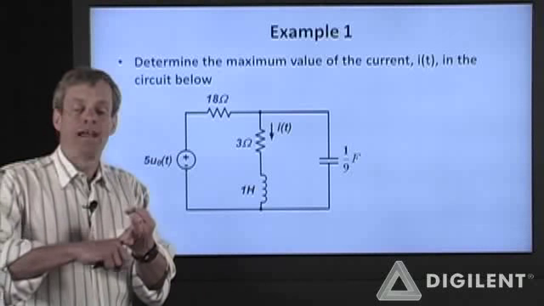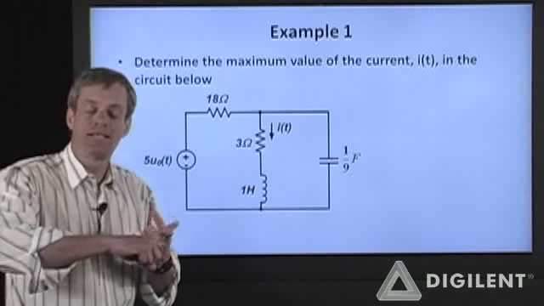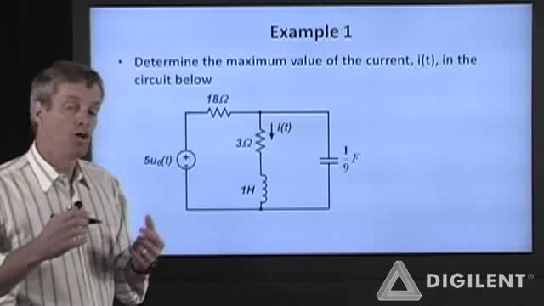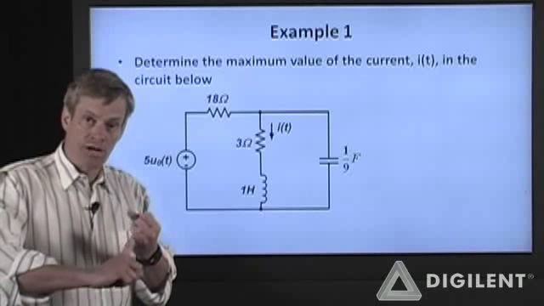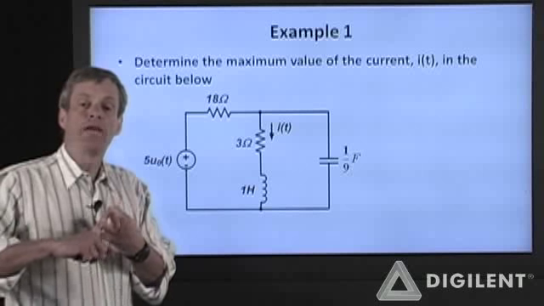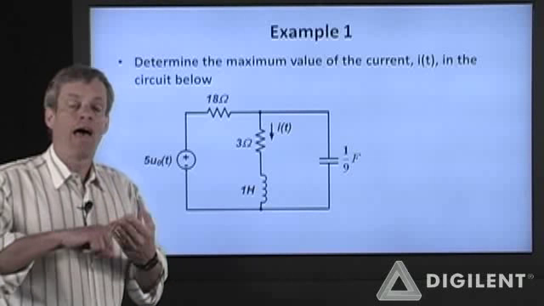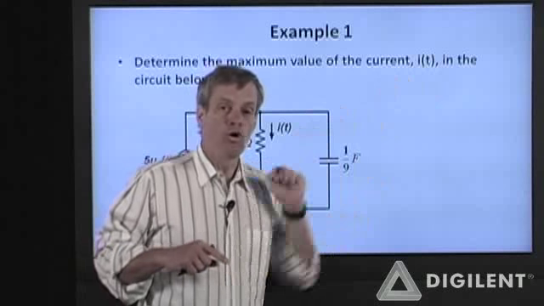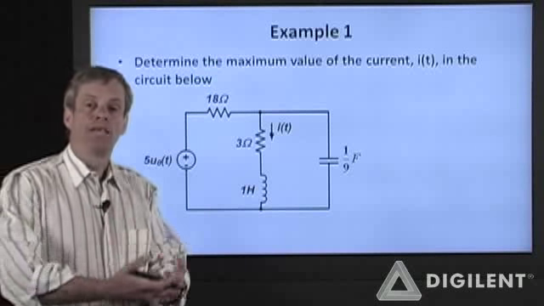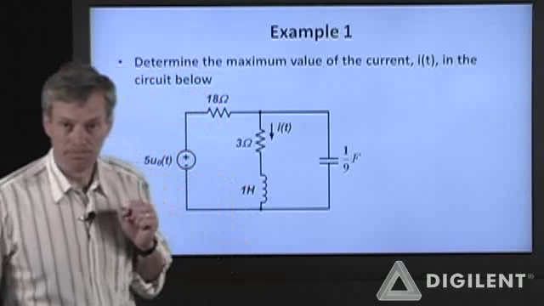The damping ratio and the natural frequency and the steady state gain will give us the steady state response and the overshoot. So our approach is going to be to write the differential equation, determine the coefficients of the differential equation, equate those coefficients to damping ratio and natural frequency. From that, I can find M sub p, the overshoot. That will give me, along with the steady state response, the maximum value of current.